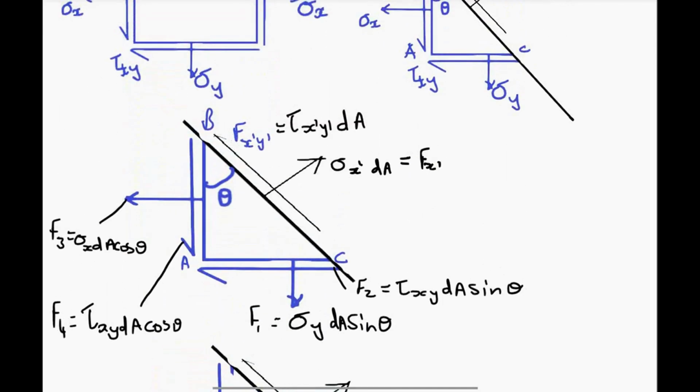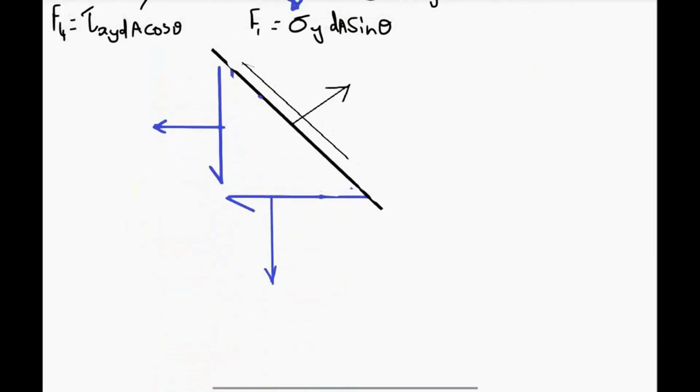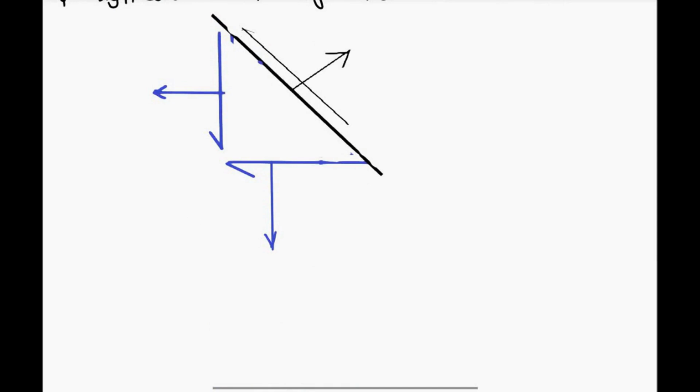Now the reason I've put it in terms of F1, F2 and so on is to simplify when I'm drawing the free body diagram. In my free body diagram, note that tau x prime y prime, and this is my F x prime due to the normal stress sigma x prime, are perpendicular to each other. They're at an angle of 90 degrees to each other.